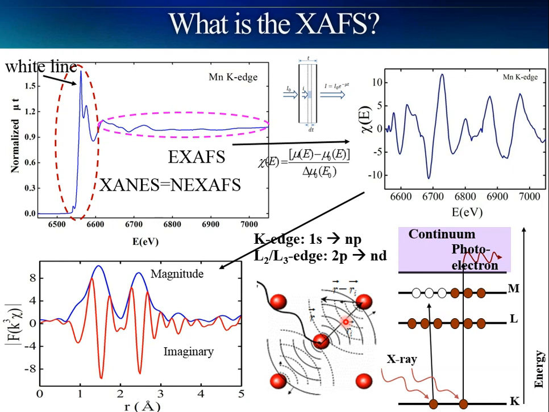Okay, that is the EXAFS, the oscillation part of XAFS. Therefore, the EXAFS includes the information of structural properties. We can extract the EXAFS as a function of energy using this formula. Here is chi of E, where mu is the absorption coefficient, mu naught is the background absorption, and delta mu naught is the edge step of the background absorption.